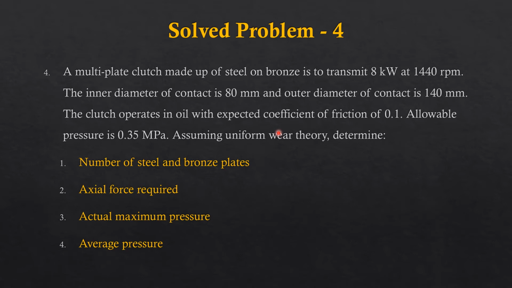The clutch operates in oil with expected coefficient of friction of 0.1. Allowable pressure is 0.35 megapascal. Assuming uniform wear theory, determine: number of steel and bronze plates, axial force required, actual maximum pressure, and average pressure. So this is the problem statement that we have.